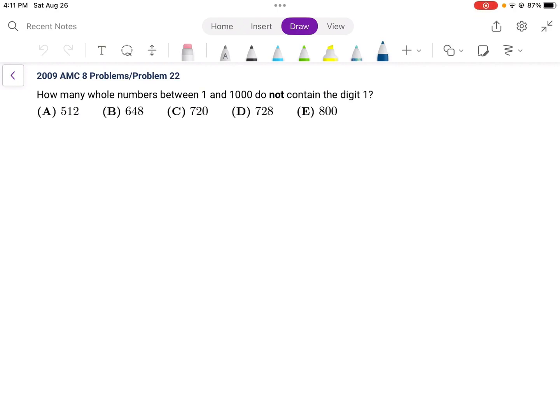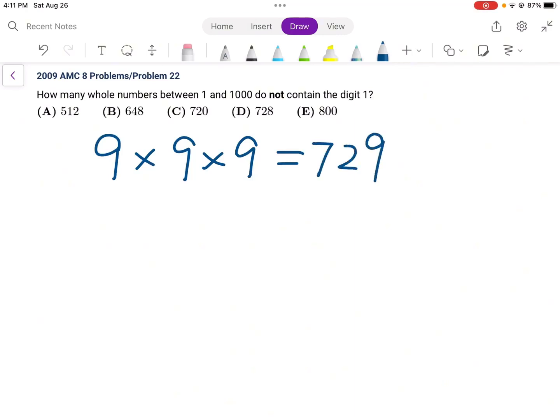Problem 22. It's a 3-digit number, and no digit can be 1. Therefore, we can choose from 0, 2, 3, 4, 5 through 9, and that's 9 choices for each digit. So we have a total of 9 multiplied by 9 multiplied by 9 equals 729 choices.